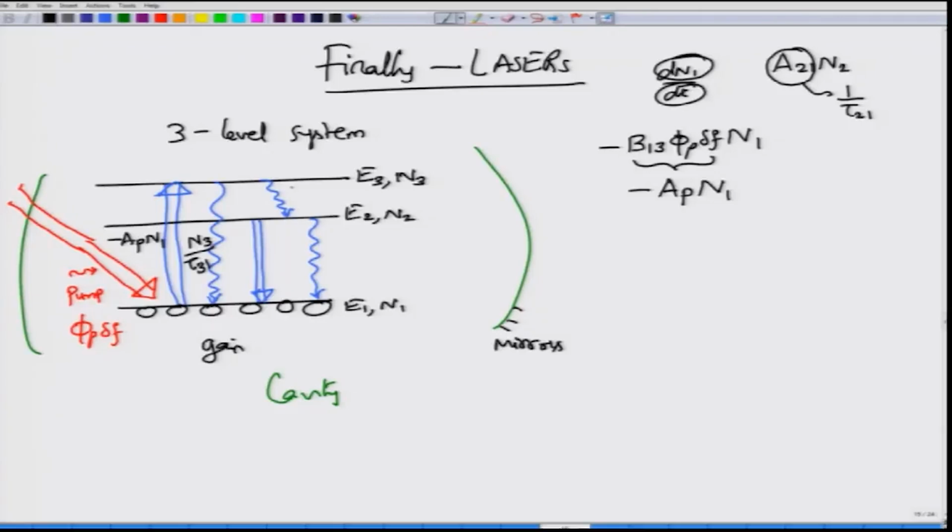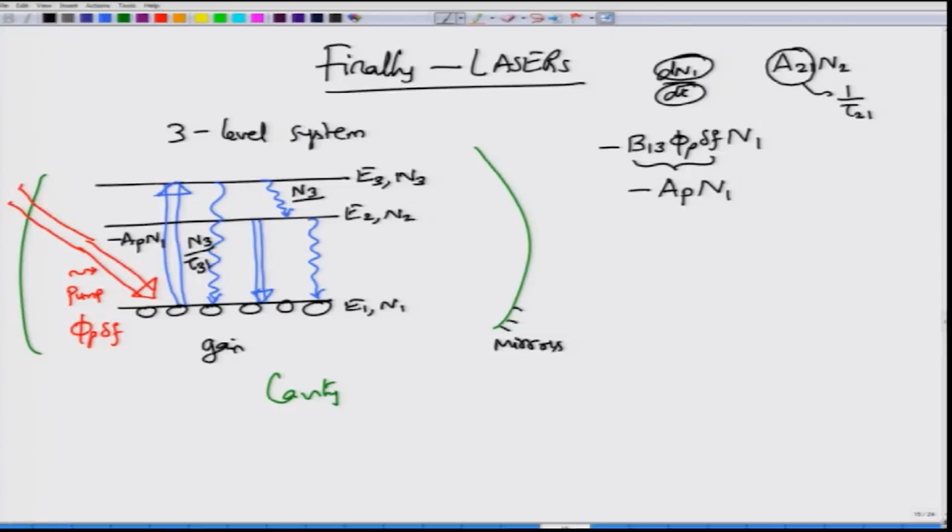Similarly, and this is much more probable because atoms like to go from E3 to E2, the reason why I have put a wavy line in these two is that these reactions are non-radiative. That means they do not give out any photons, but they serve only to deplete the population.